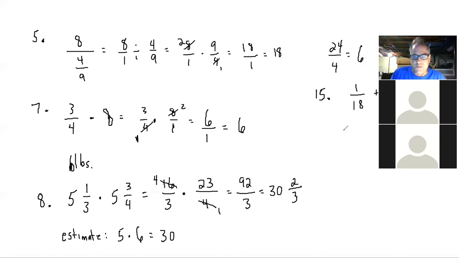Adding fractions again, this is where you need to have the same denominator. And to add them, you add the numerators over that common denominator, and that is 1 plus 1, adding up your numerators, is 2, and then reduce, if possible. And here it would reduce. 2 goes into 2 once, and 2 goes into 18 9 times. So your answer here would be 1/9.